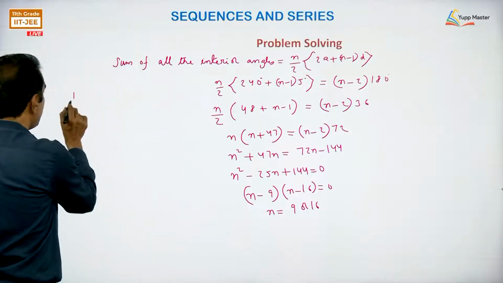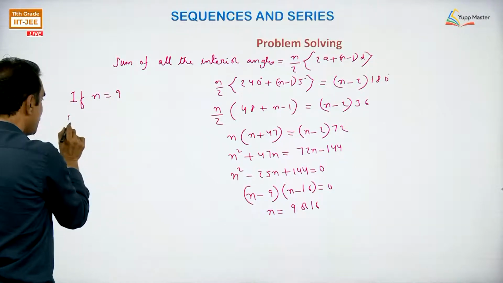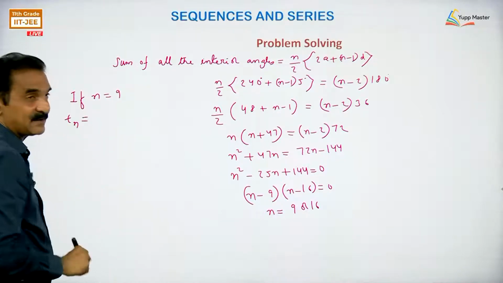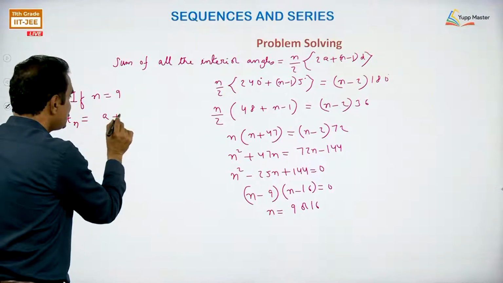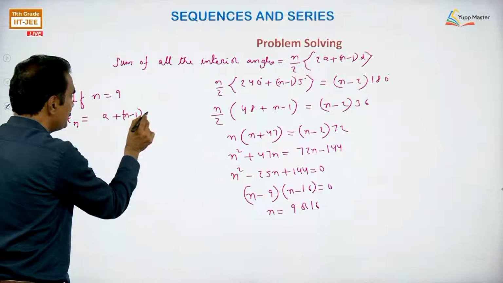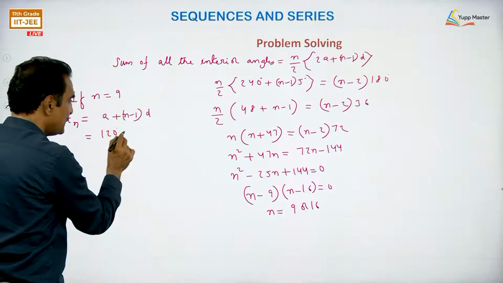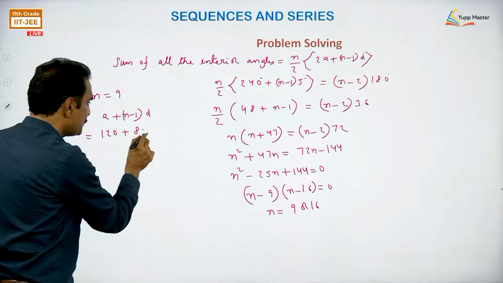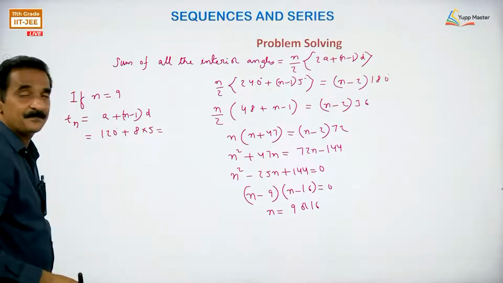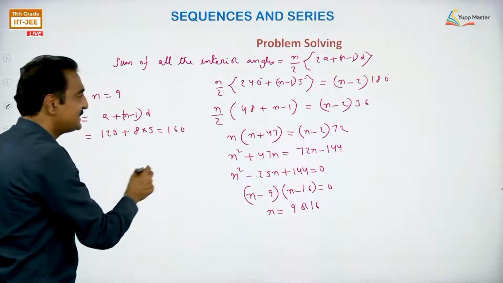If n is equal to 9, what is the last term? That means Tn. Tn will be a plus n minus 1 into d. That is a is 120 degrees, first term, plus, if n is 9, it will be 8 into 5. How much? It will be 160 degrees, less than 180.